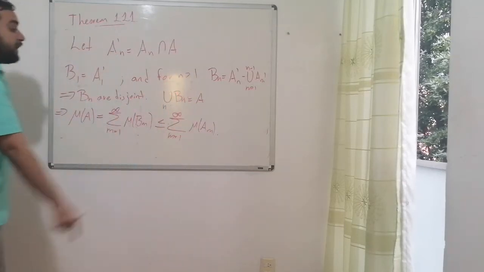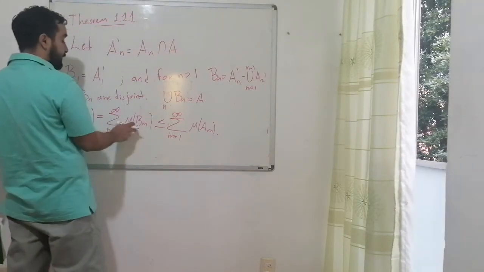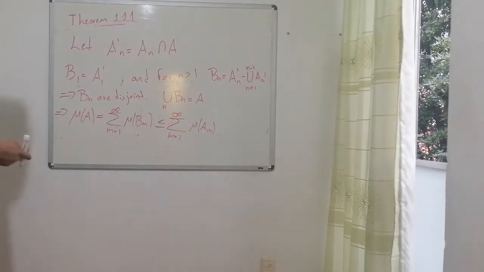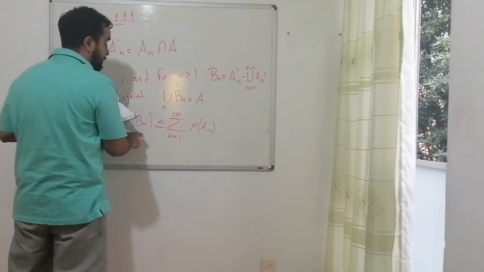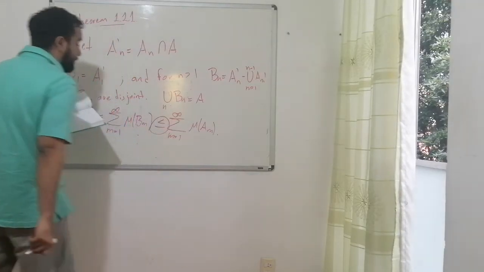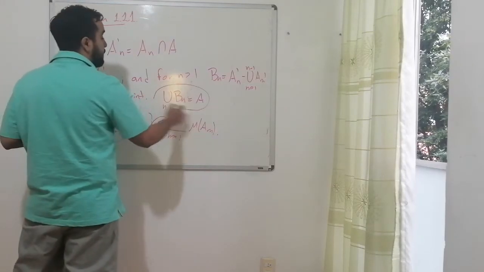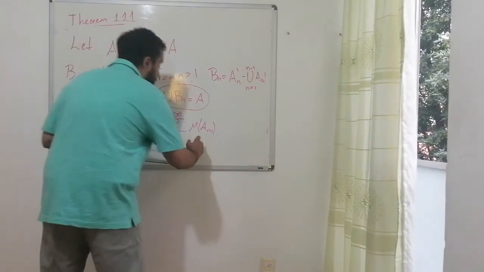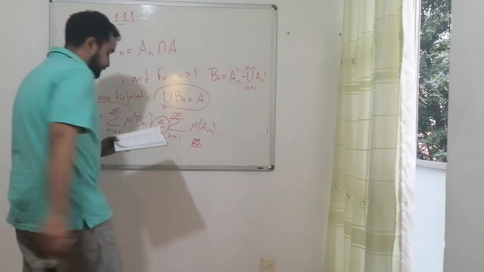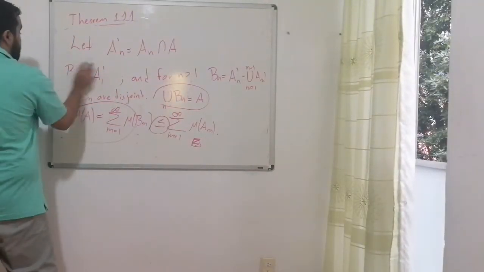That's because B_m is always a subset of A_m by definition, and this follows from the first consequence we proved a few minutes ago, and the equality is because the B_n's are disjoint. Okay, this proves the second consequence, and we start to prove the third consequence.